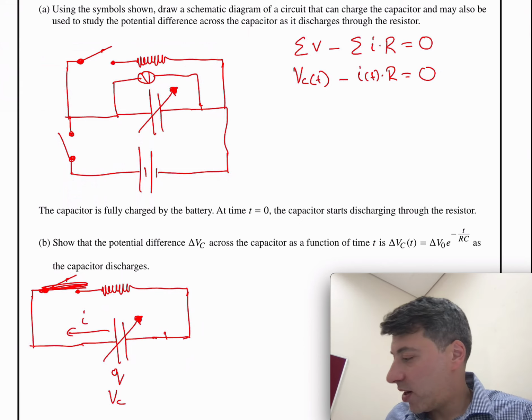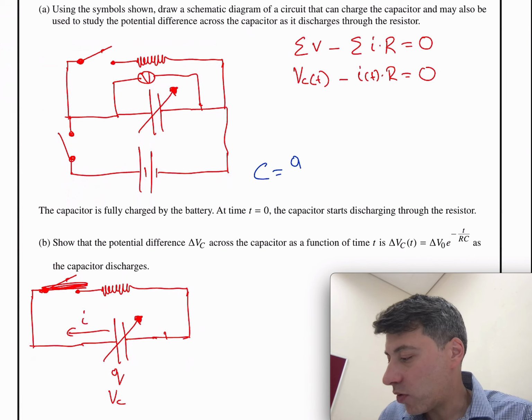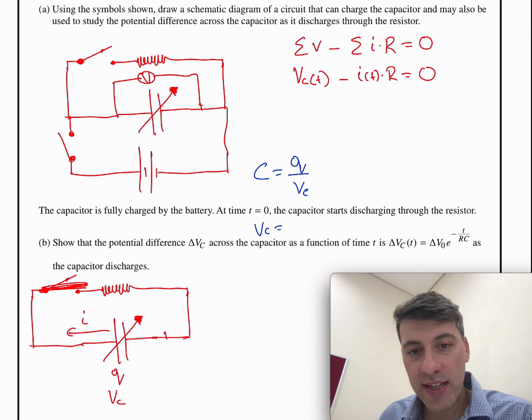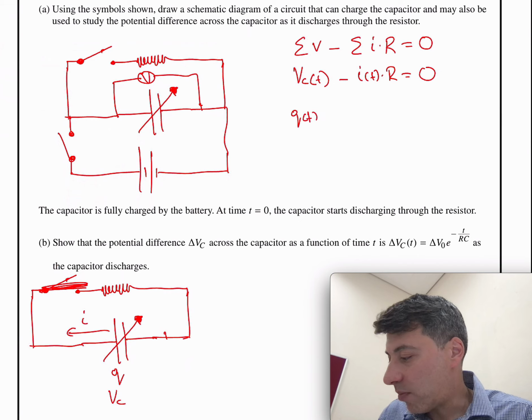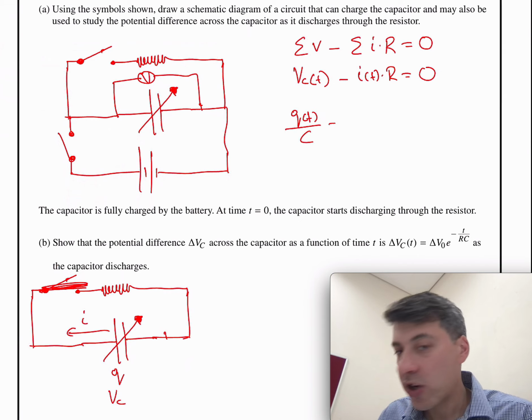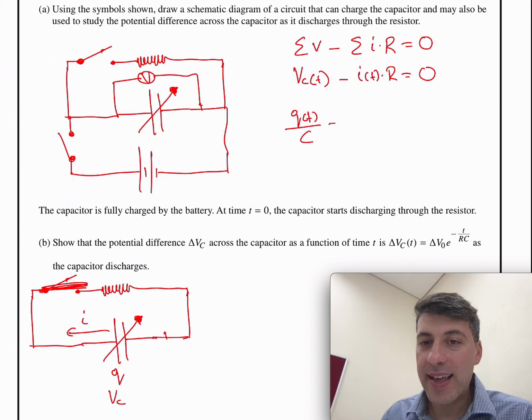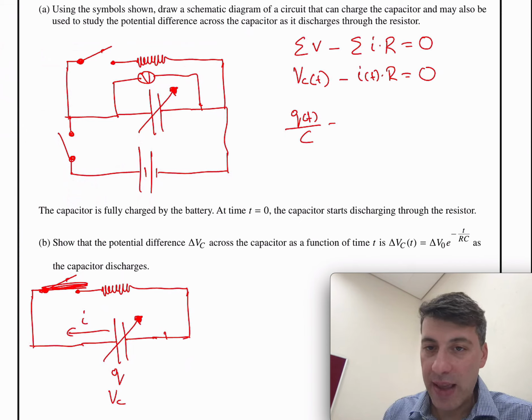And if we remember the definition for the capacitance is Q over V, so the voltage of the capacitor is Q over C, with this Q being a function of time. So we have Q as a function of time over the capacitance minus the current as a function of time.